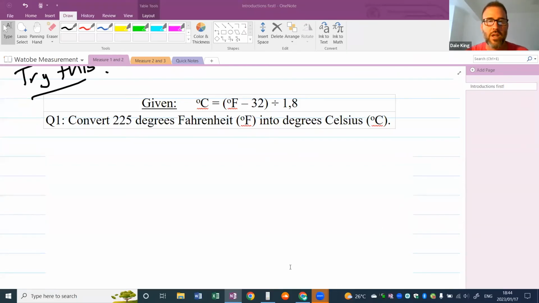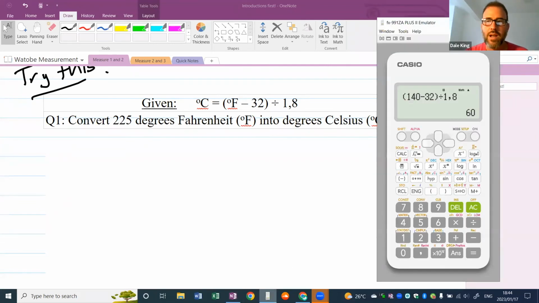Okay. So if there were two questions, and we've done the first one already, my calculator still has my formula on it. So I don't have to retype the formula. All I have to do is go into my calculator and change the 140 degrees Fahrenheit to 225 degrees Fahrenheit and press equals.